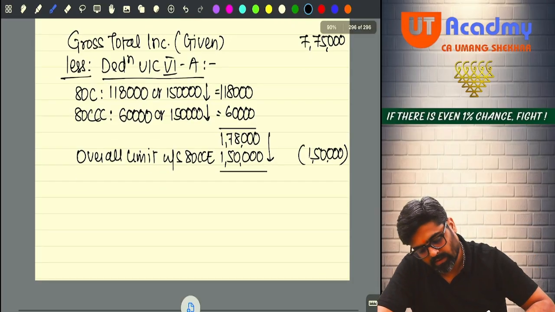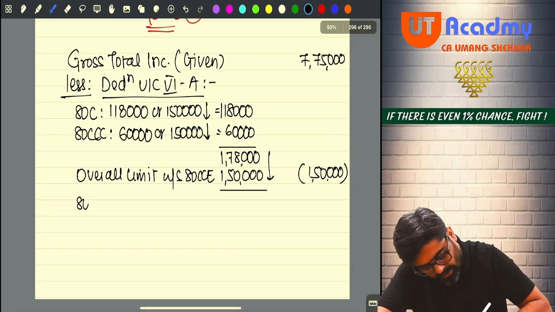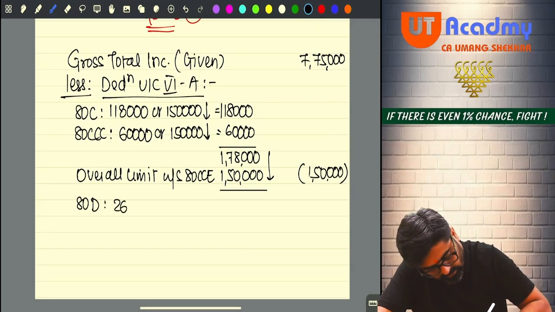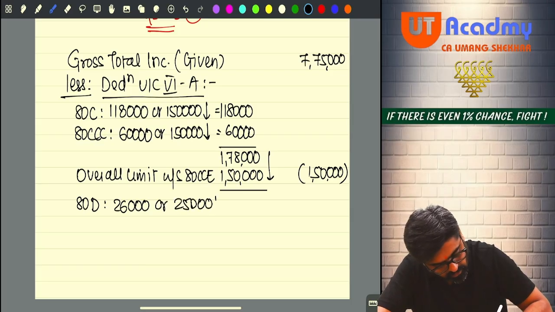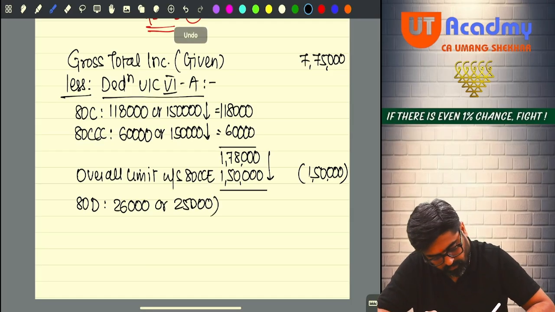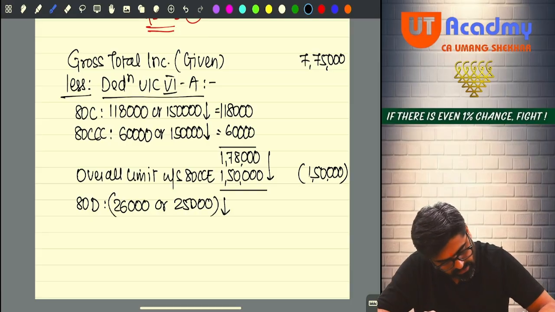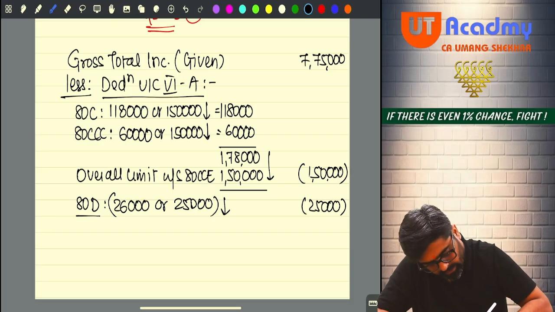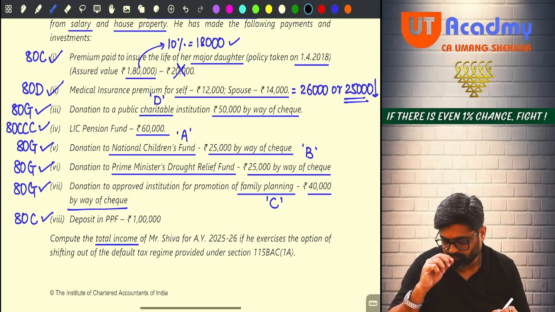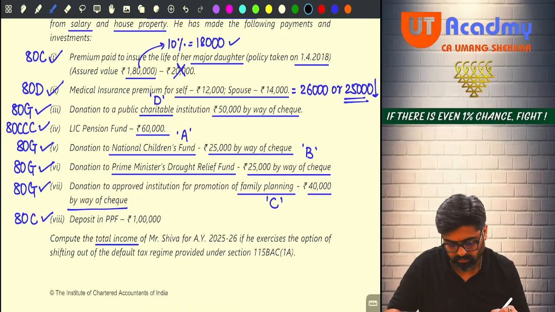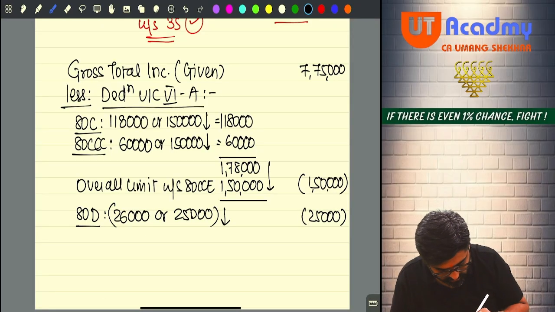Understanding? Next one. Now after 80C, do you have 80D? Yes sir. I have 26,000 under 80D, but my limit is only 25,000, whichever is lower, so it will be 25,000. Now after 80D, what other deduction do you have? Only 80G you are having now. So 80G I will have to calculate.